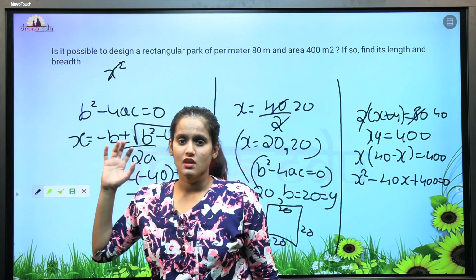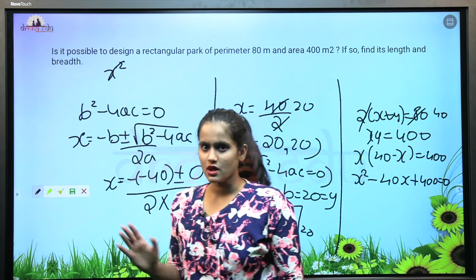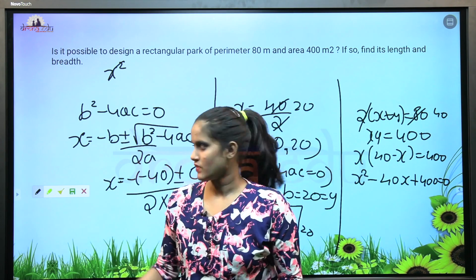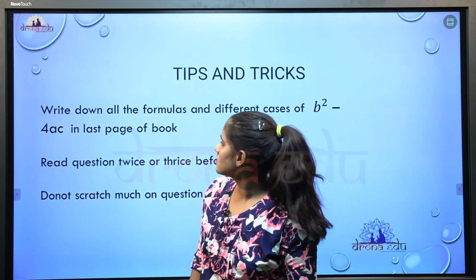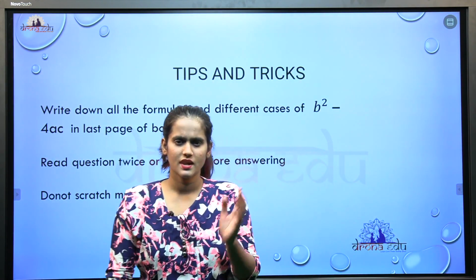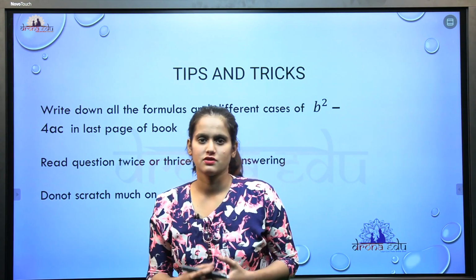And actually this is the last problem in this chapter which I am going to do, and this is about the chapter quadratic equation. Now in the next slides I want to give you some tips and tricks. In this, the main important thing is the formulas and the methods, right?